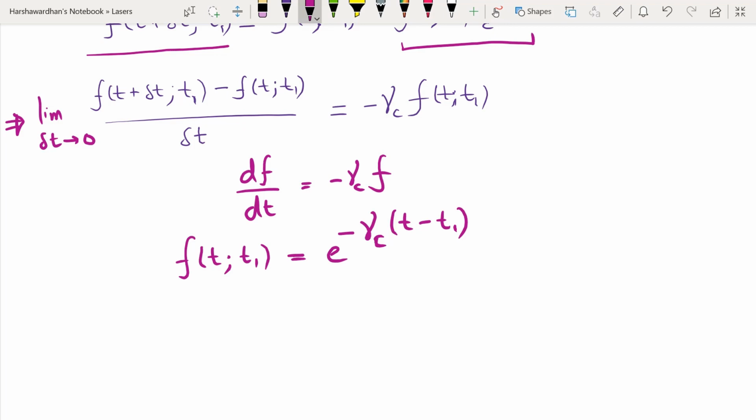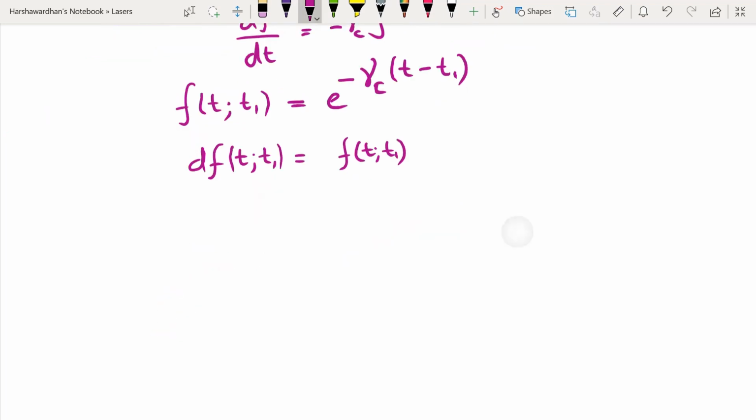So what I mean is that if I'm looking at the top equation, equation number 4, let us say, and use 4 to get this. So I can write this down as simply exponential minus gamma c itself, and this is gamma c times dt1.